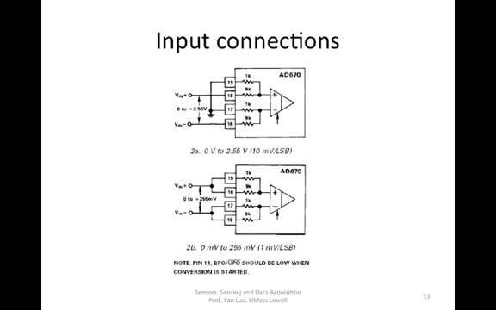The input voltage range is determined by how you connect these input pins. The top one is how you connect these input pins for doing the ADC on range 0 volt to 2.55 volts. I won't go into the detail here, but you can see by connecting the pins differently, you can select different input voltage ranges.